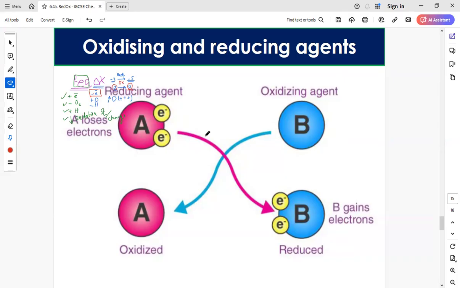Should it give it electrons or should it strip away the electrons from that element?